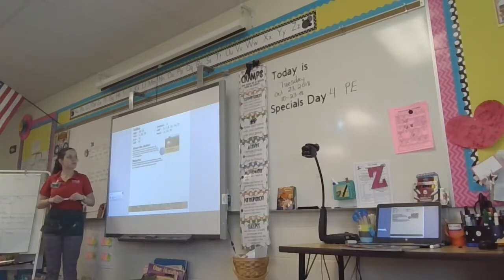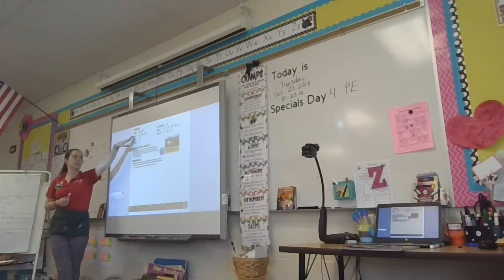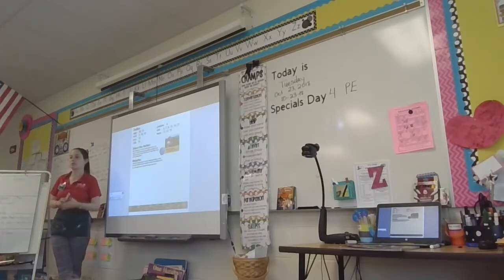All right, so this right here is an index. So an index has a term, and then it tells us the page number where you can find it. That's kind of like the table of contents.